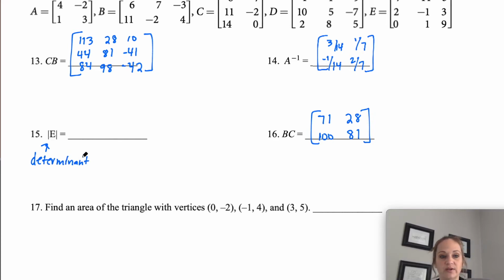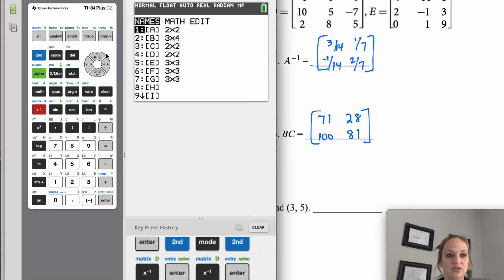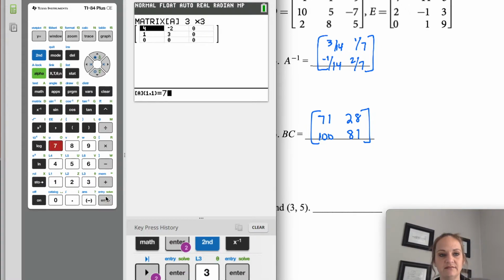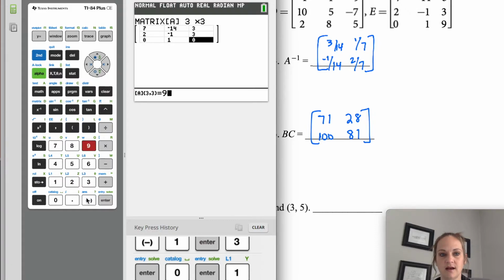Number 15, this represents the determinant. And so you're going to edit matrix E. So I'm going to go into matrix. I'm just going to edit matrix A again. It is a 3 by 3. And it is 7, -14, 3, 2, -1, 3, 0, 1, 9.